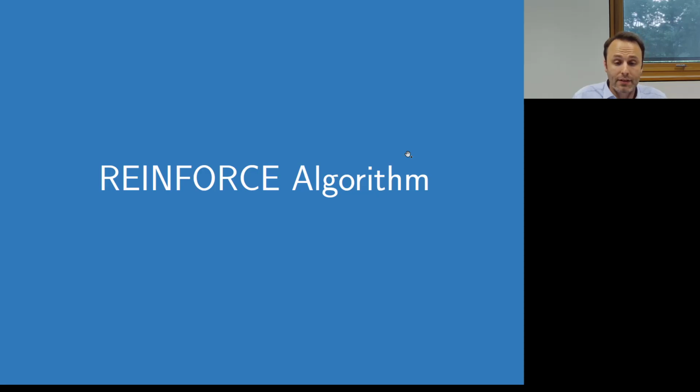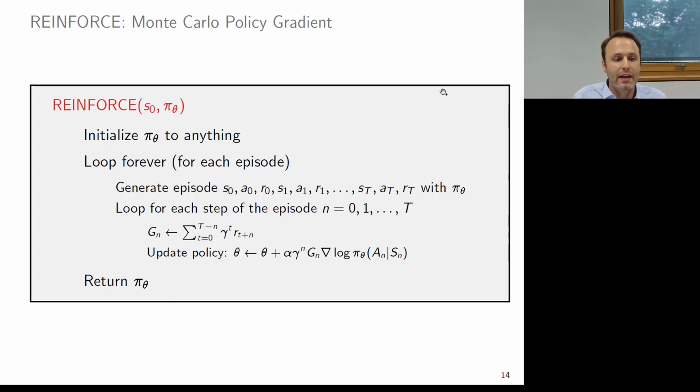Now, with this, we can take a look at the REINFORCE algorithm. The REINFORCE algorithm is one of the oldest reinforcement learning algorithms, and it is a Monte Carlo policy gradient algorithm. So how does it work? We initialize pi to anything, and then we loop forever.